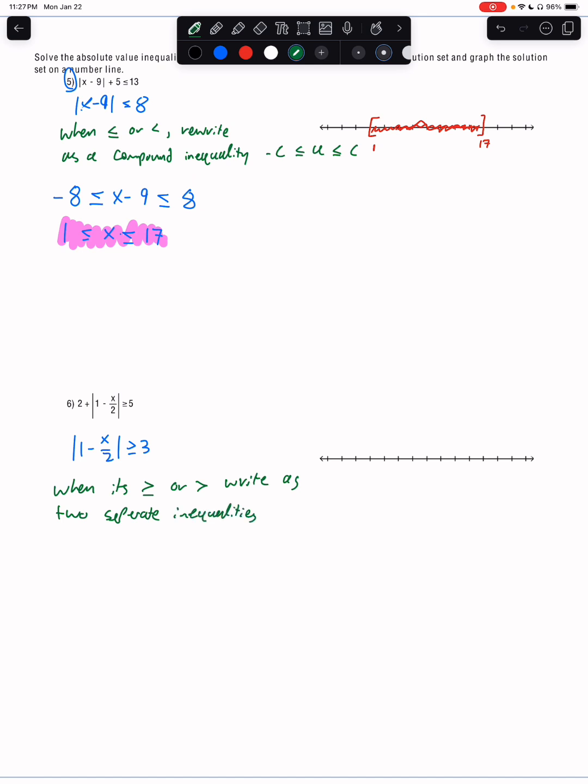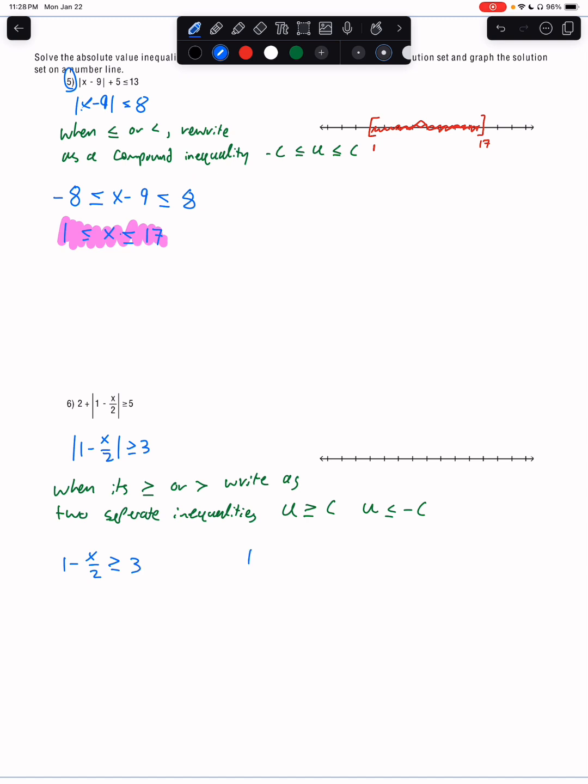Sorry, my handwriting is not the best. So just one like this, and one like this. So for our problem, it means we're going to have 1 minus x over 2 is greater than 3.